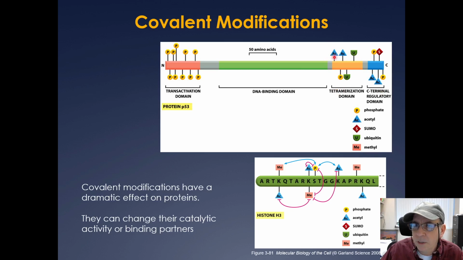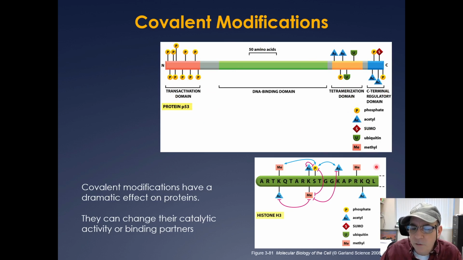And we saw some of these modifications in the last lecture, like acetylation, phosphorylation. Sumoylation is a little bit like ubiquitination, and it's actually a small ubiquitin-like molecule. And so here are some examples of the covalent modifications that can happen to P53.